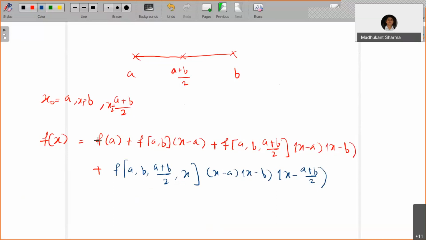Whether we write the Newton form or the Lagrange form, both are the same thing because of the uniqueness. For a simple derivation, we are going to consider Newton's interpolating polynomial here. This is nothing but p2 of x, so f of x is p2 of x plus this error term.